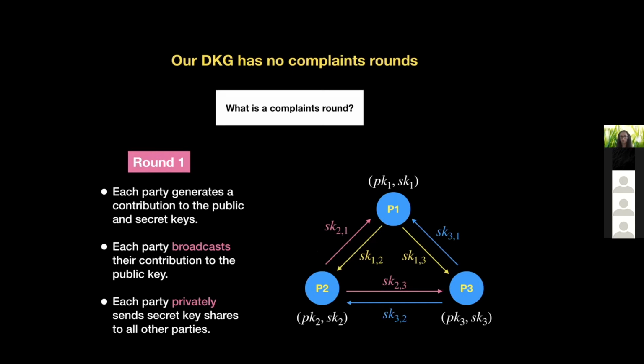But they're not able to broadcast people's contributions to the secret keys, basically because it's very hard to know whether that contribution actually contains a secret key or not without decrypting. So instead, they privately send the secret key shares to the other people using some kind of symmetric encryption scheme.